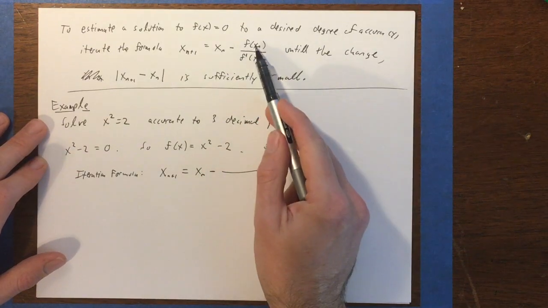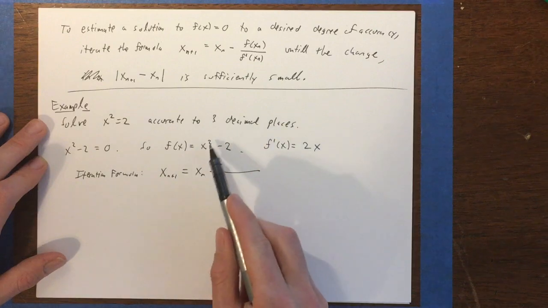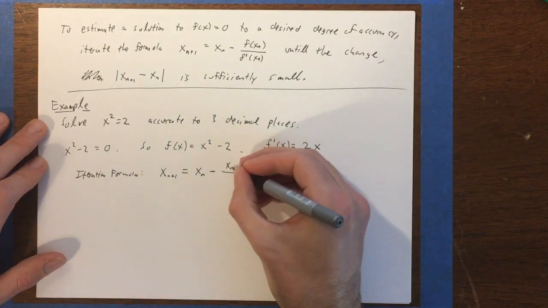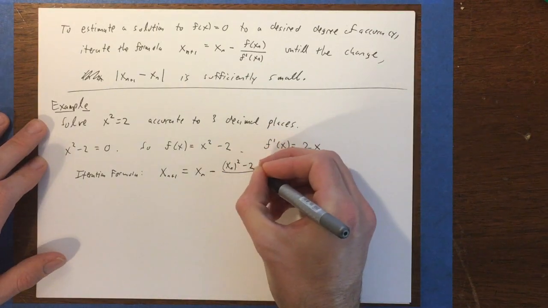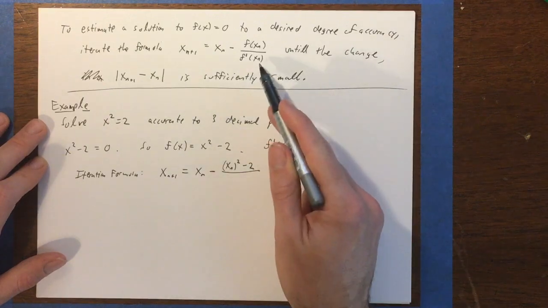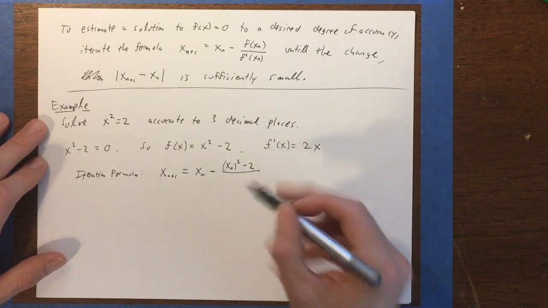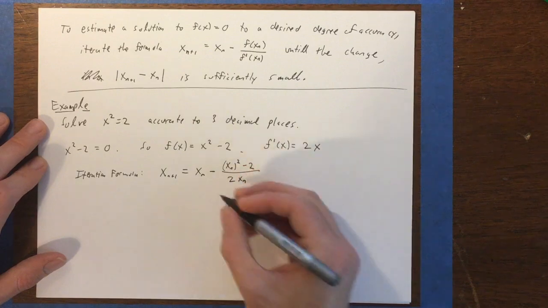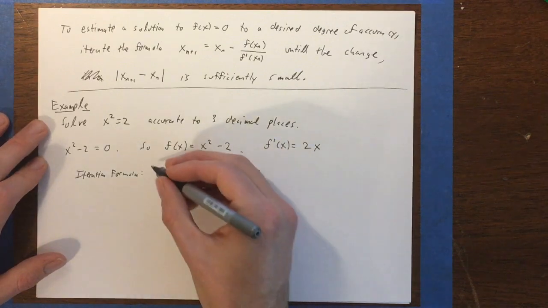And the fraction has f of xn in the numerator. So f is x squared minus 2, so I'm going to do xn squared minus 2. And in the denominator, it's f prime of xn. So since f prime is 2x, it's going to be 2xn. So there's my iteration formula.